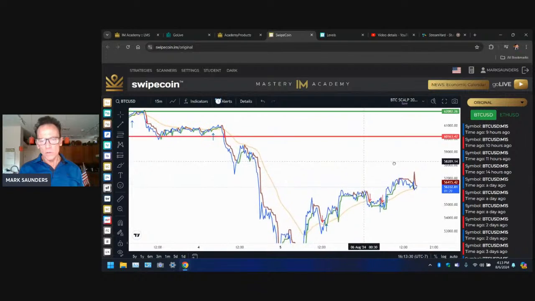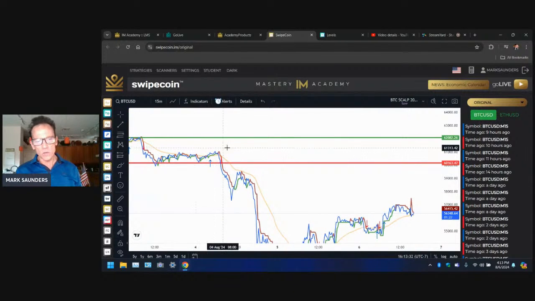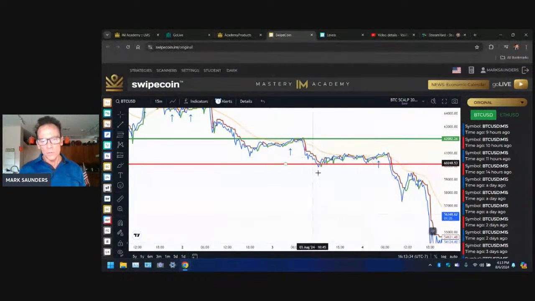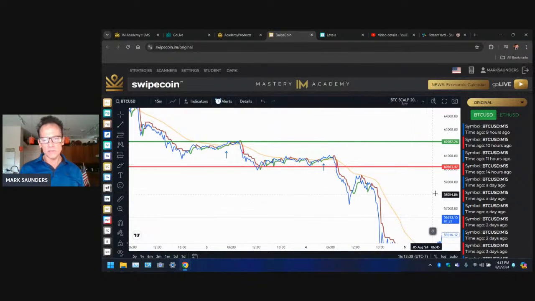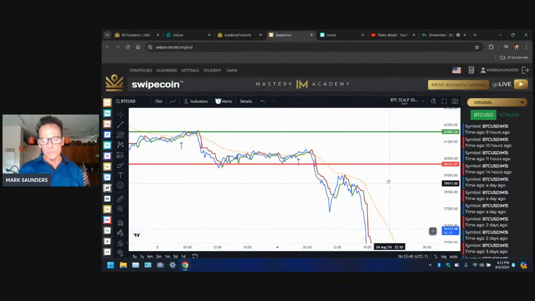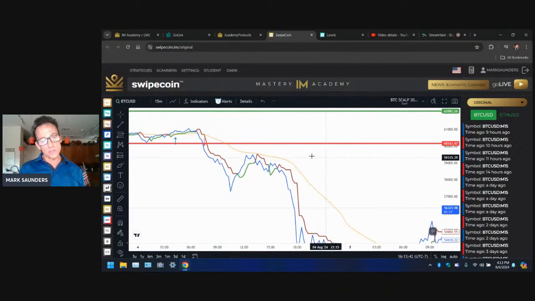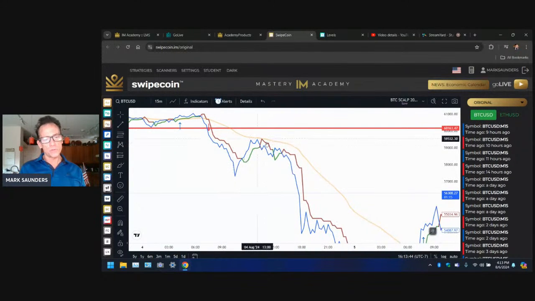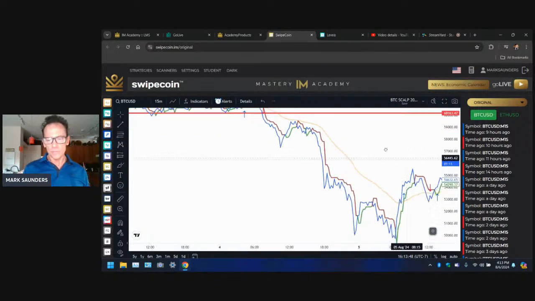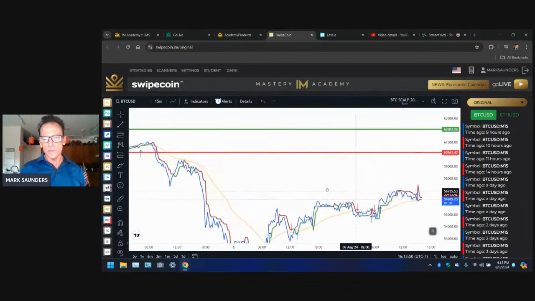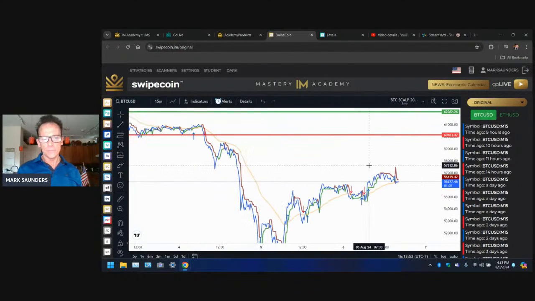I drew these zones out before all that happened. I drew out these green and red zones. Now I didn't take this short. This is a beautiful short position setup. See, now we're back over here.